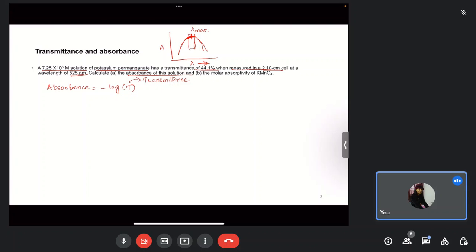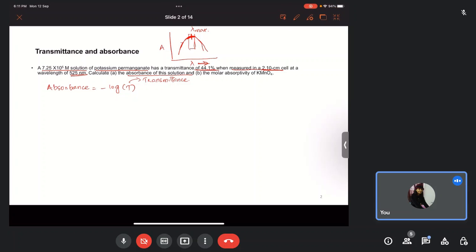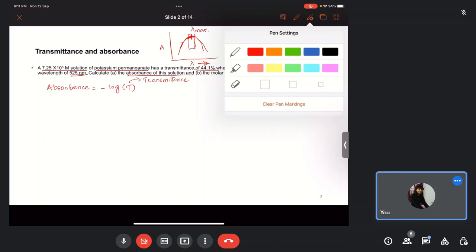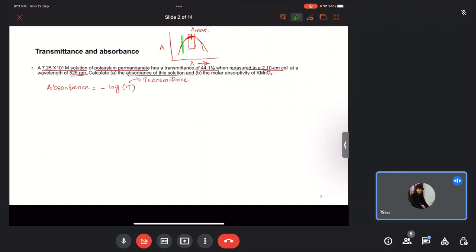But if you are somewhere in this range, let me highlight it, the error in the absorbance value, if you are slightly off in terms of your lambda value, is going to be higher. So that's why you always do the concentration estimation at lambda max.